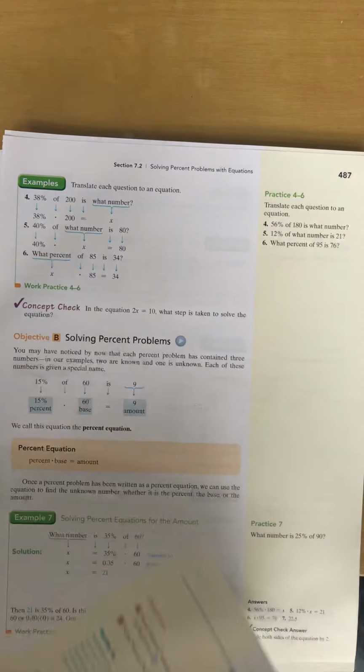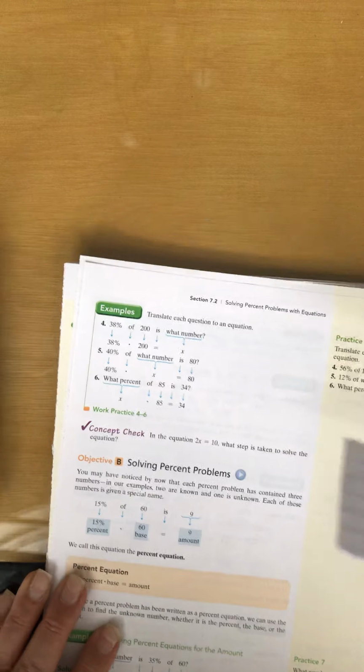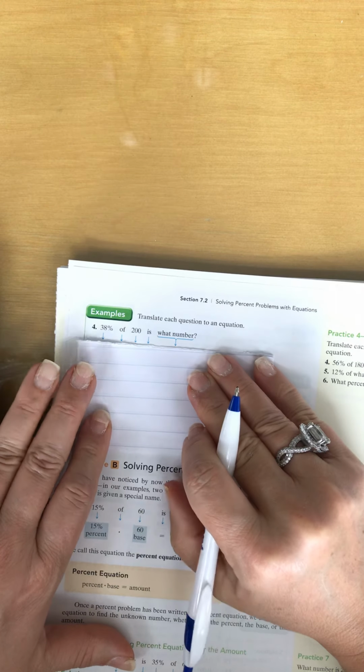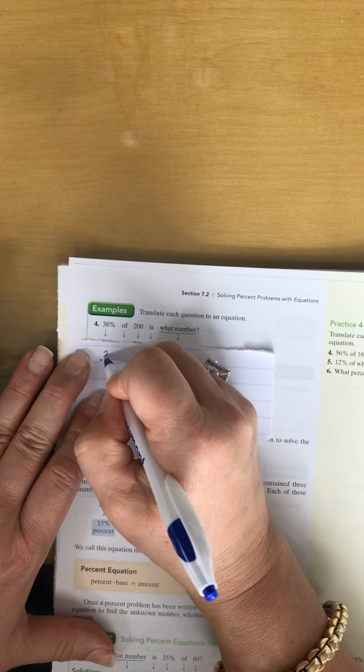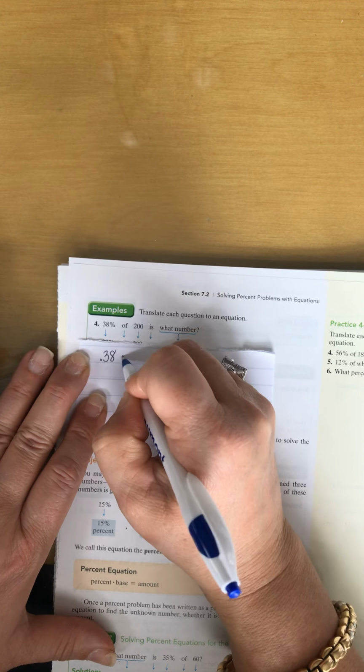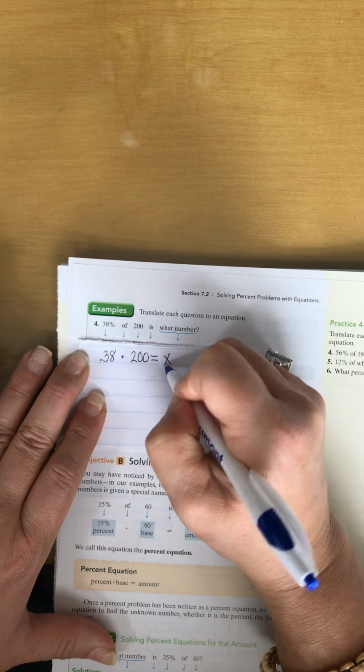Okay, here's some more. Example 4 is saying 38%, so turn that into a decimal, 0.38. "Of" means times 200 is what number?